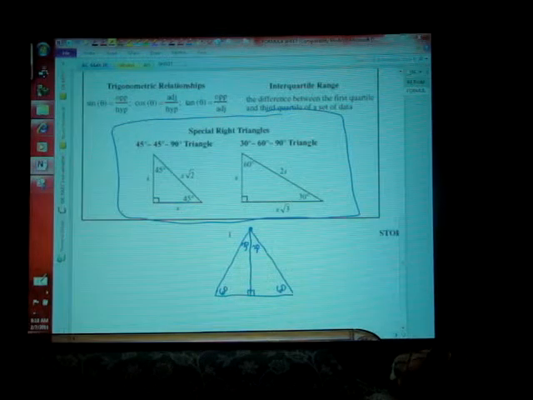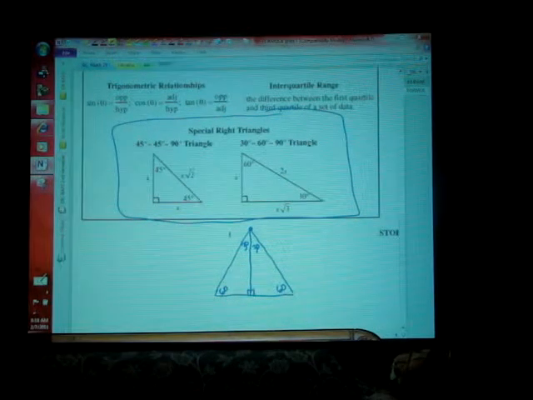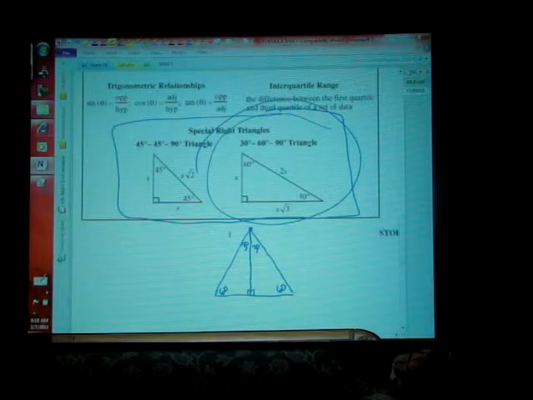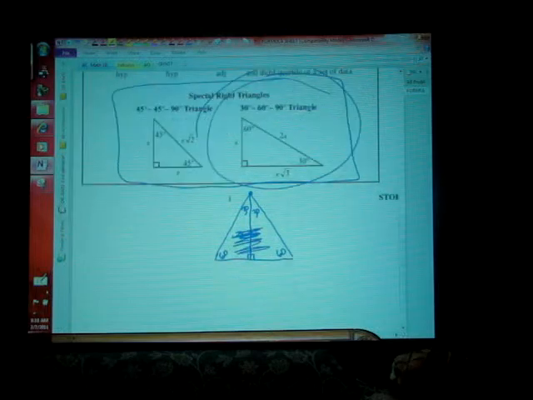This is something they love to do, to get you to show your knowledge of 30, 60, 90 triangles, but they give you an equilateral triangle. You have to know that a 30, 60, 90 triangle is created.